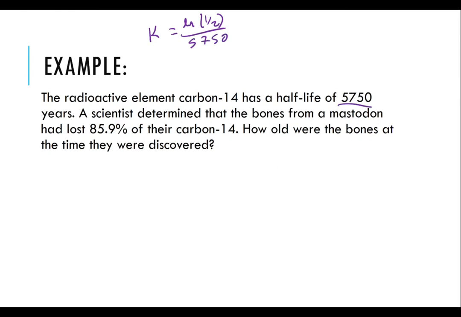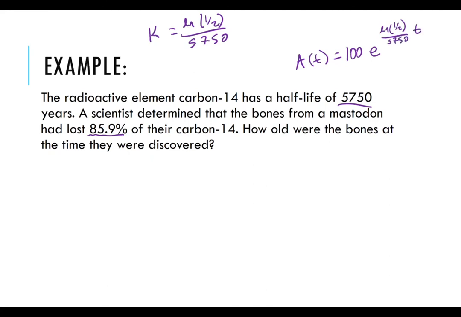All right, great. Now a couple of ways to deal with this percentage. If we're told that they lost 85.9% of their carbon-14, then we can assume that we started with an amount of 100%. So let's say that the amount after time t is equal to an initial amount, let's call it 100 for 100%, times e to the k, which is the natural log of 1/2 divided by 5,750 times t.